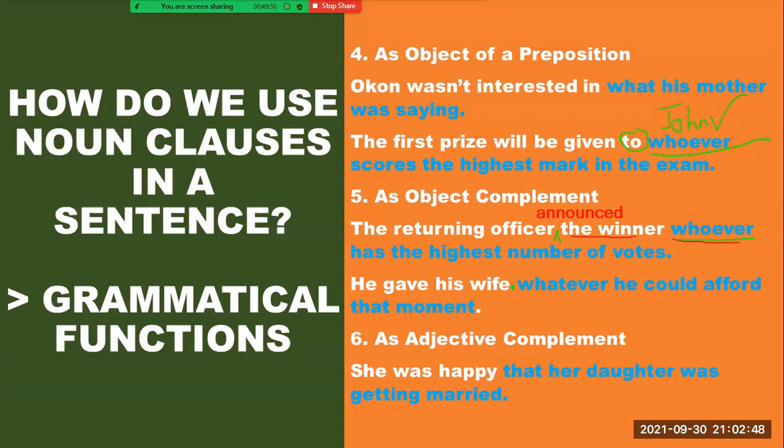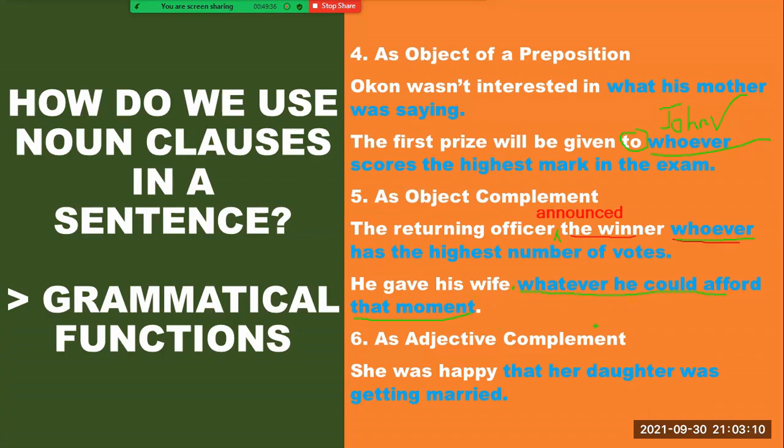He gave his wife what? Well, we find the noun clause coming to the rescue and providing the relevant information. He gave his wife whatever he could afford that moment.